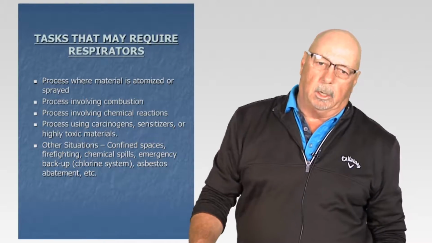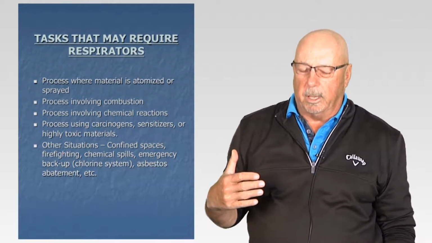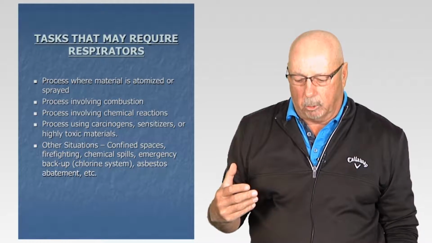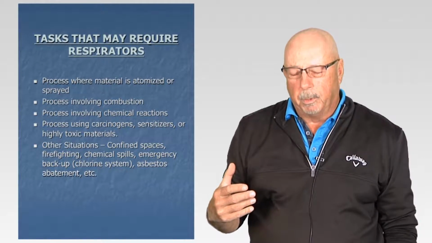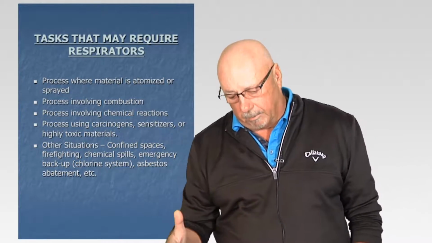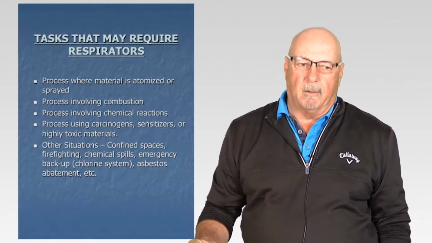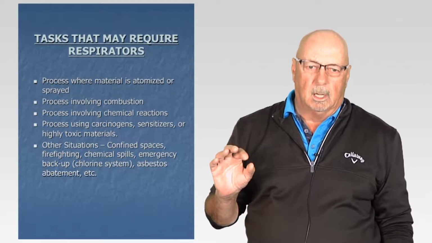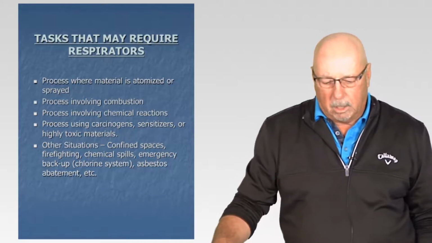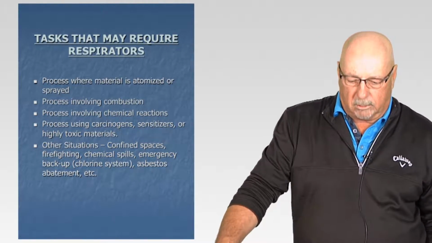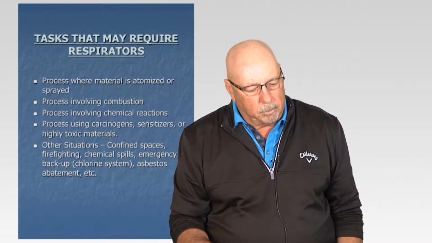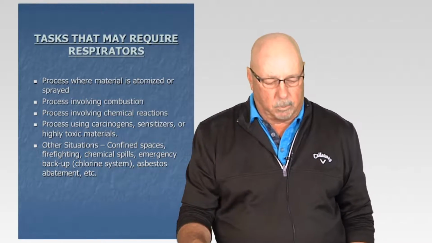Oftentimes, when we're working with chemicals, we have chemical reactions going on. And so you have situations where you not only have the potential exposure to the individual chemical, but you also have the potential of the byproducts of those chemical reactions and what could be generated and cause exposures. And some of those byproducts might be a situation where you would want to wear respiratory protection.